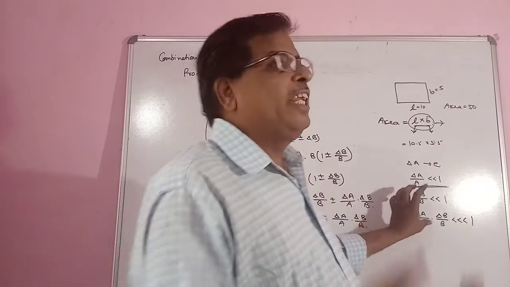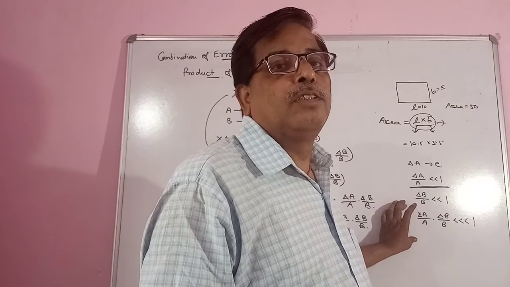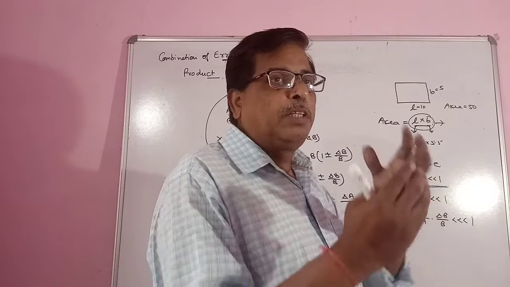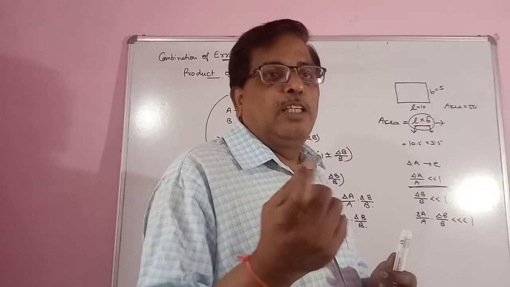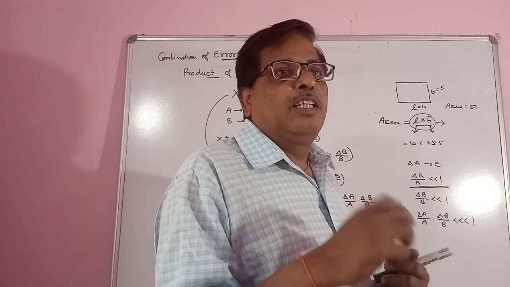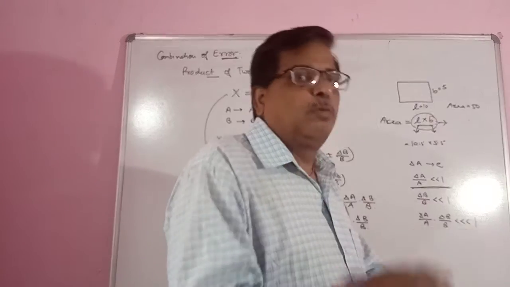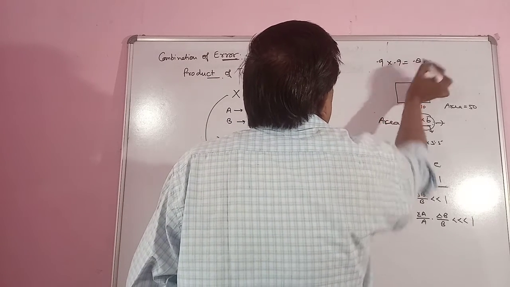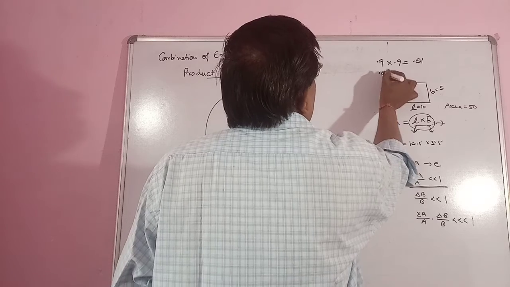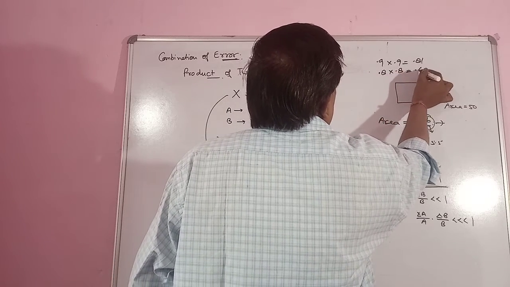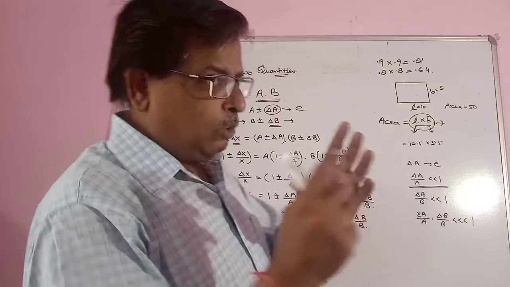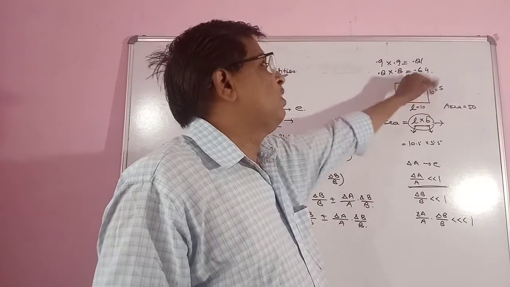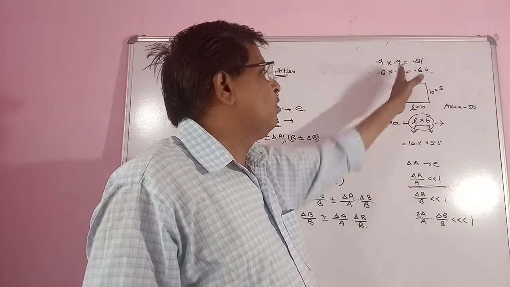This value becomes very small as compared to 1, because when we multiply values less than 1, the product is also very small. 0.9 into 0.9 is 0.81. 0.8 into 0.8 is 0.64. So when we multiply two quantities which are less than 1, the product is very much less than these two quantities.